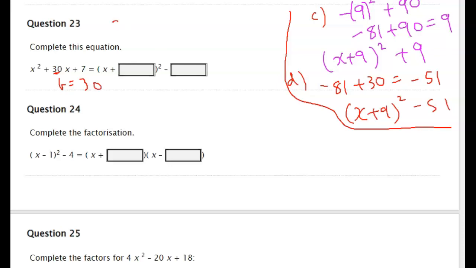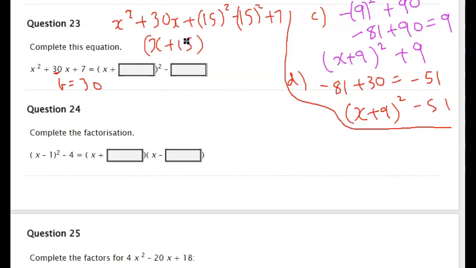So when I complete the square, your first two terms stay the same. And then we're adding 30 divided by 2, which is 15 squared. Then we subtract it. And then our last number is plus 7. Okay, so we've got x squared plus 30x plus 15 squared. So that's going to simplify to x plus 15 all squared.